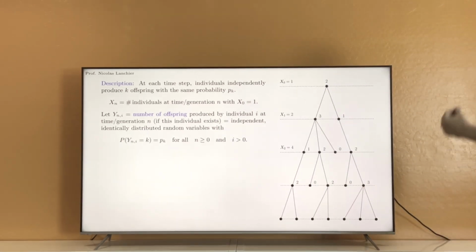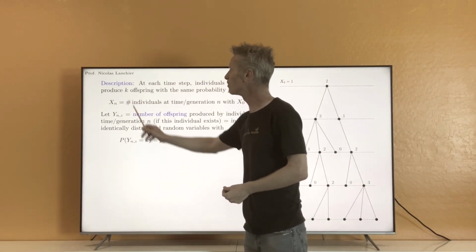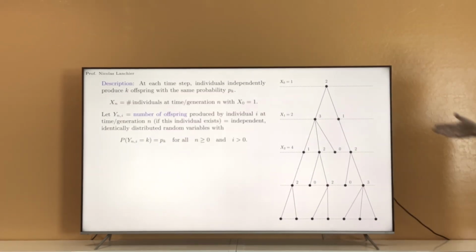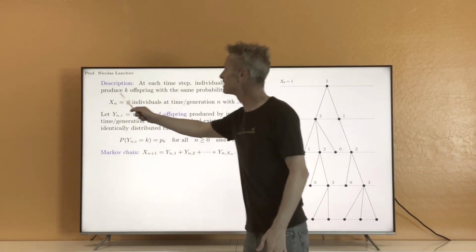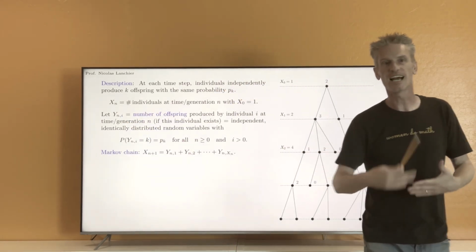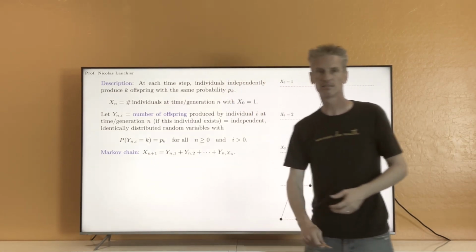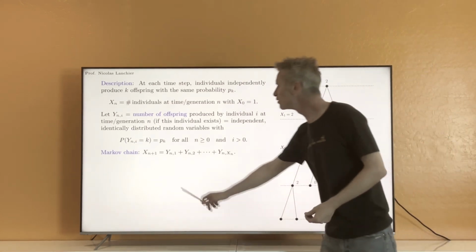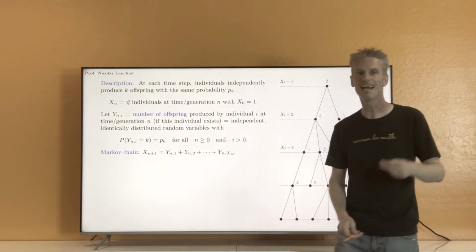Now, what is exactly the process Xn? How can you use those random variables to actually construct this process? Well, you see from the picture that you can define the process inductively, like recursively, and say that Xn plus 1, the number of individuals at generation n plus 1, is just equal to yn1 plus yn2 and so on up to yn xn.